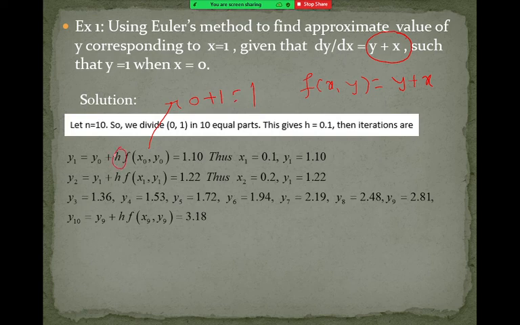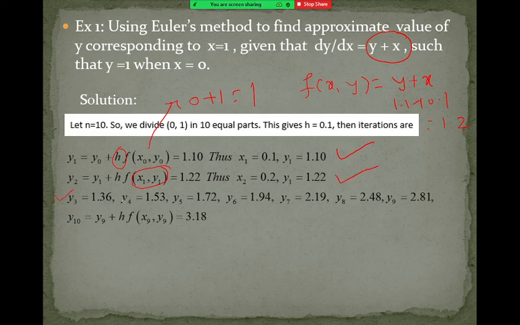And h is 0.1, so this way you get 1.1. Similarly, f of x1 y1 is 0.1 plus 1.1, that is 1.2. So these values you just have to replace and do the calculation on the calculator.